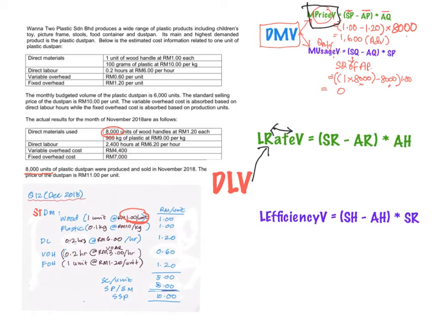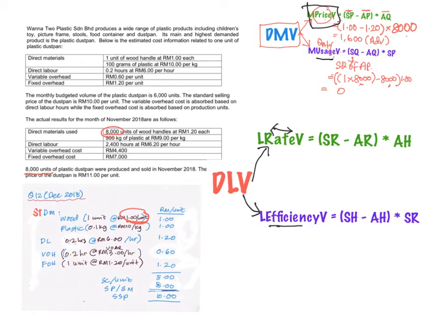Then we have labor efficiency variance, which is the same as the material usage variance. For material we say usage or quantity because we are talking about the quantity of material that you use, but for labor we call it efficiency variance. That is, we want to look at how efficient our labor is compared to the standard.